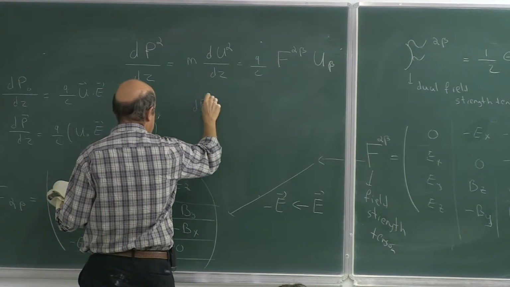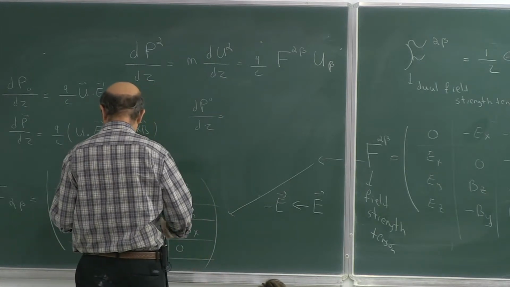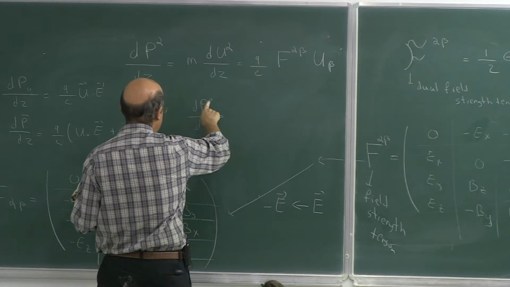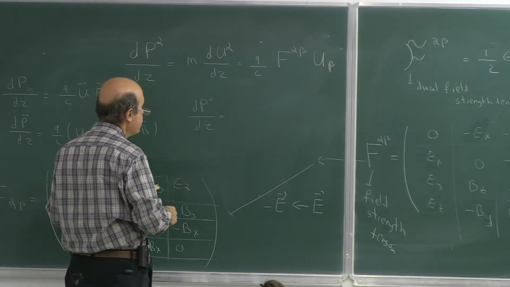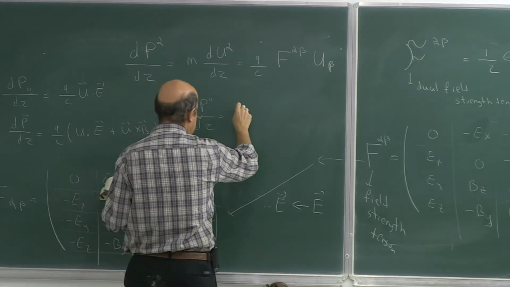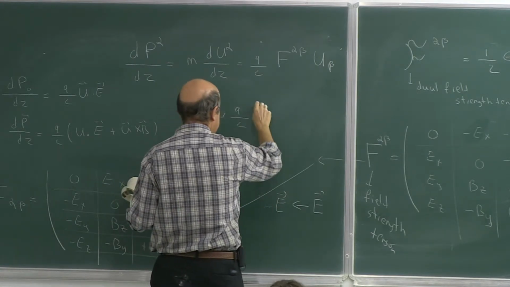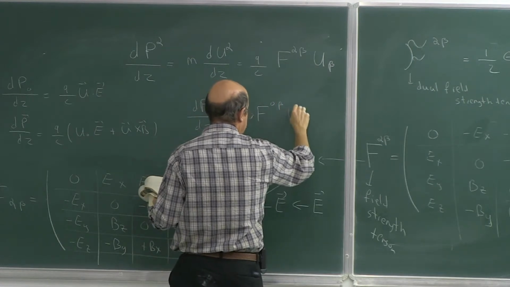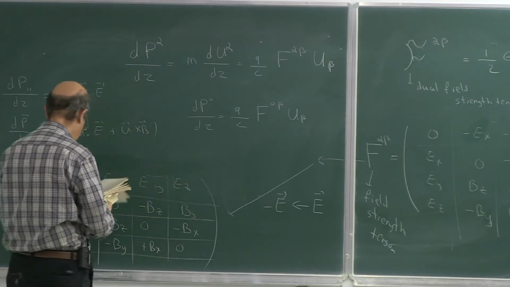So practically, if you want to calculate dp0 over d tau, what is this in this presentation? So instead of free index alpha, put 0 and let it sum the other terms: q over c F0 beta u beta, beta is 0, 1, 2, 3.